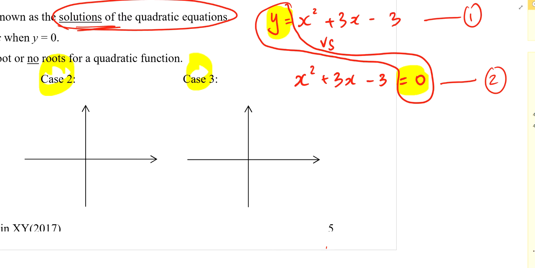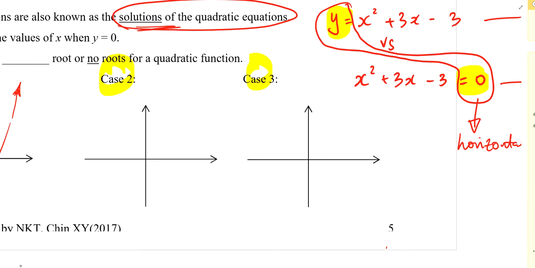What is the line representing y equals 0 on your x and y axes? Which axis is it? Y equals 0. The x-axis. We are referring to the horizontal axis, which is our x-axis.